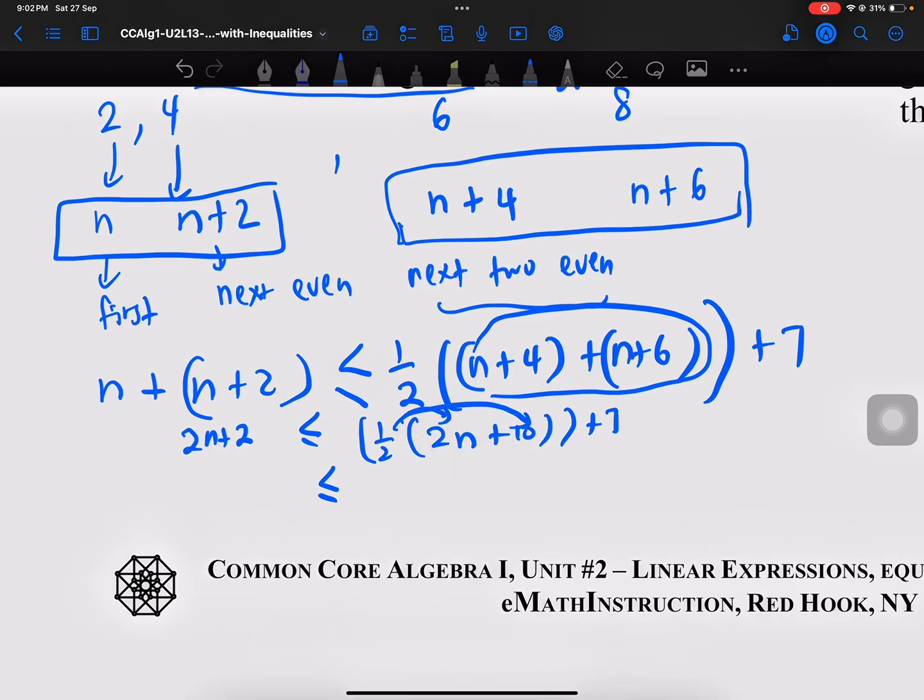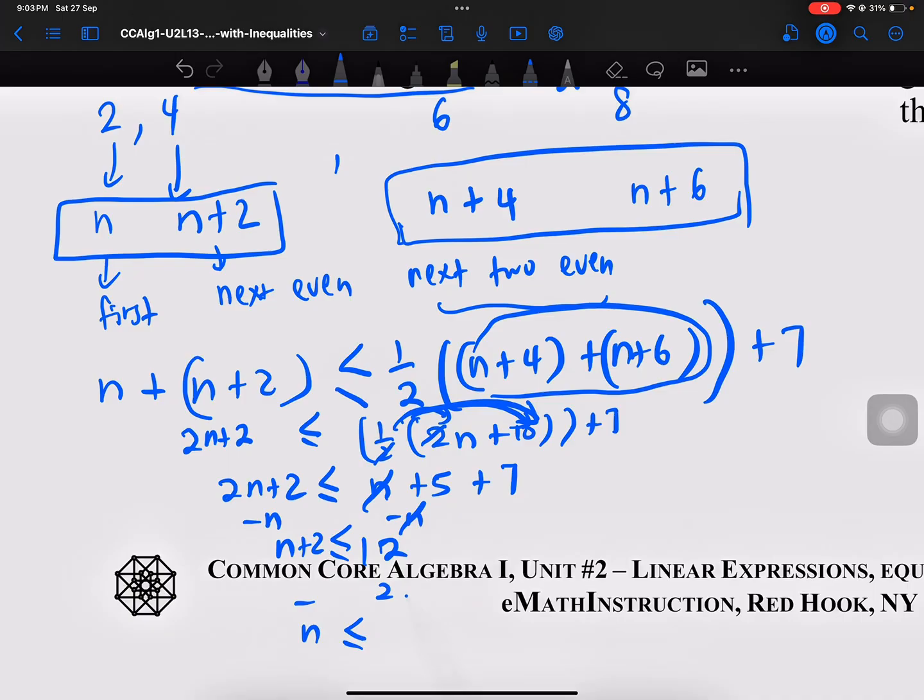It will become n, because this one divide become 1. And then half times 10 is 5. So n plus 5 plus 7. This one is 2n plus 2. Next, I will minus n both sides. I will have n. This one cut, and n plus 2 become 12. Now I minus 2 both sides. My n is actually 10.